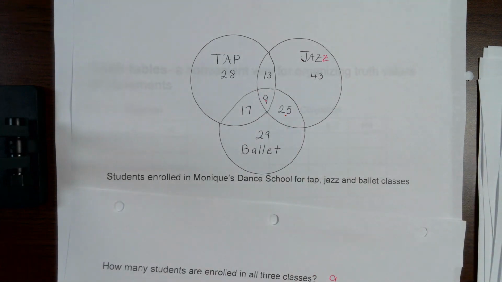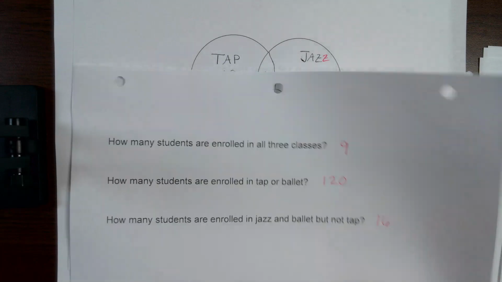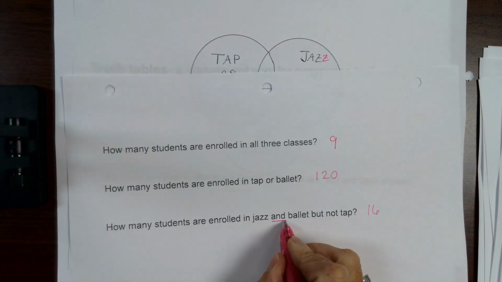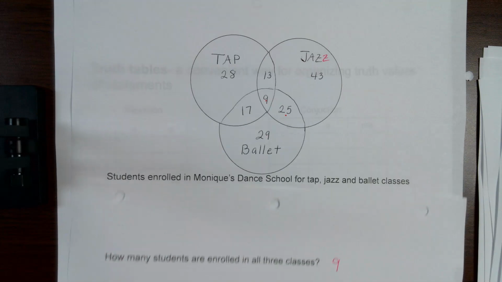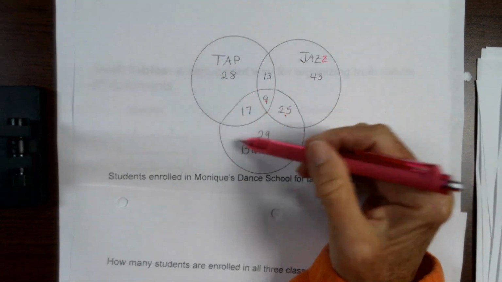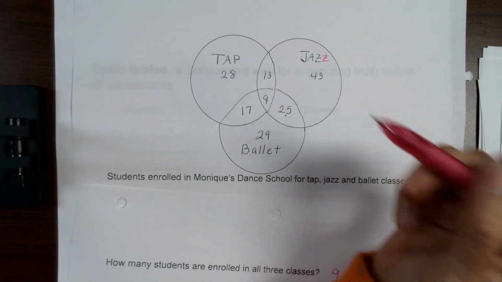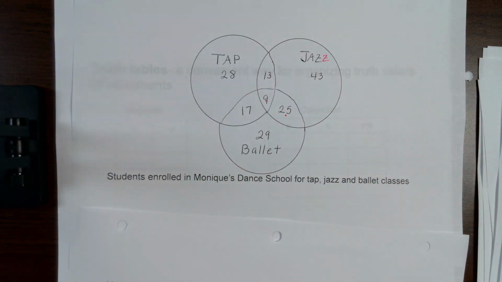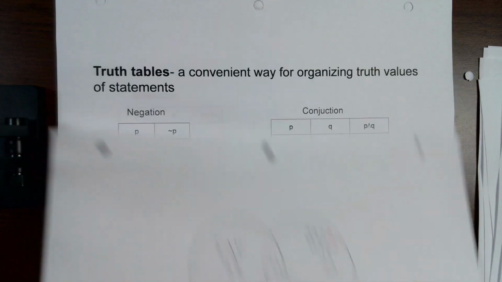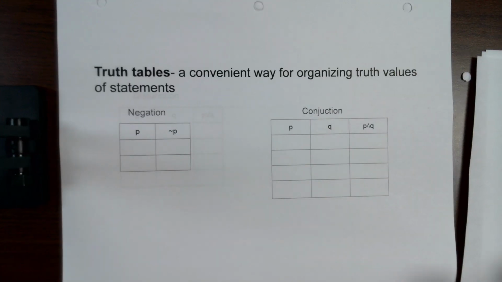So I go 25 minus 9, so I know my answer there is 16. Notice there's an and statement there. So I'm looking for the ones that are in both of these, but not that. So I've got to take that 9 out. So you can see how Venn diagrams can be used to answer easy questions.